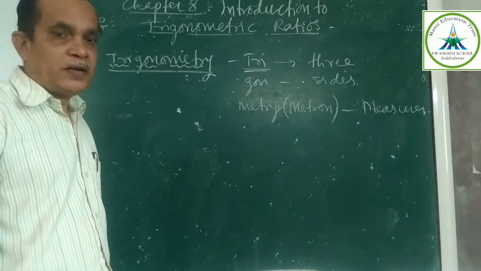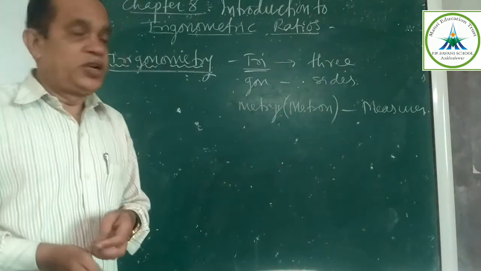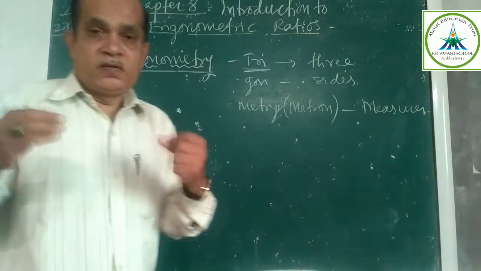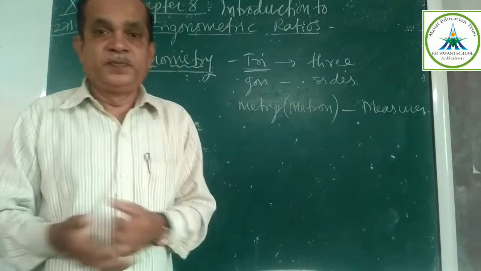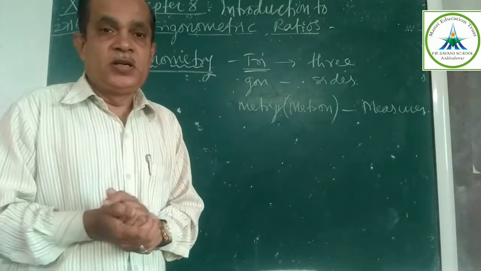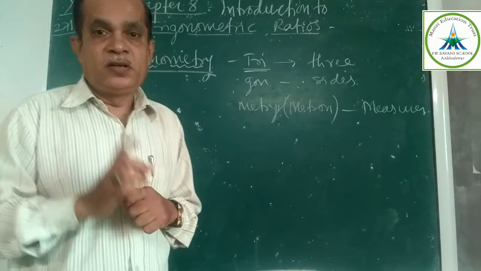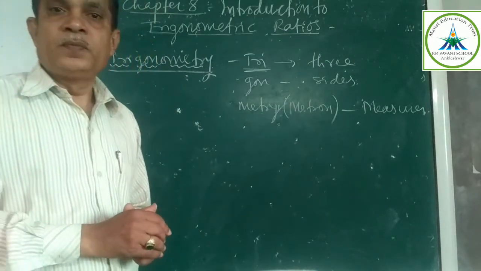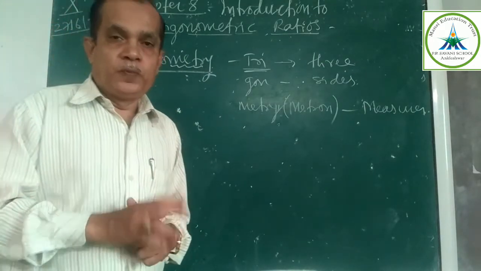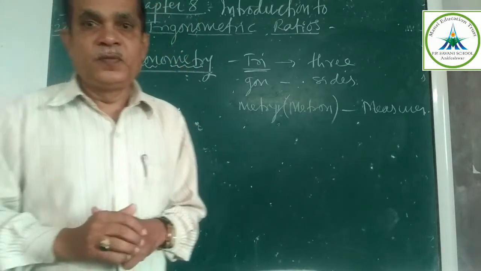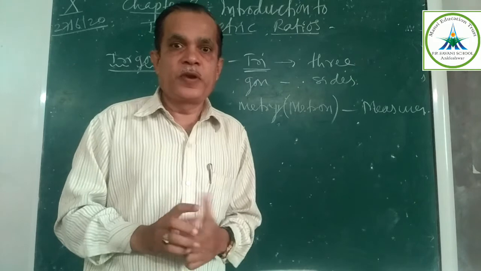Right? In fact, when mathematicians started to introduce trigonometry and its importance, they did measurement of the angles and sides of the right triangles. And in a right triangle, there are two sides which are perpendicular to each other, and the hypotenuse.